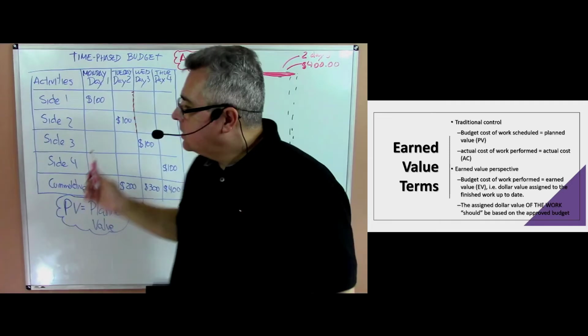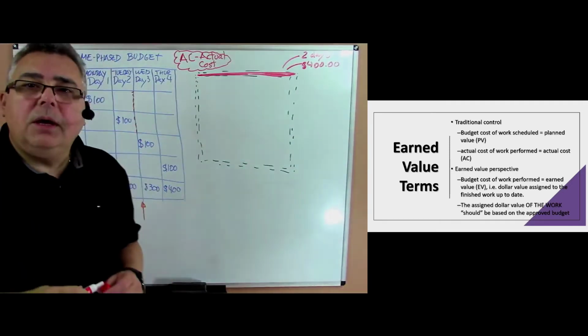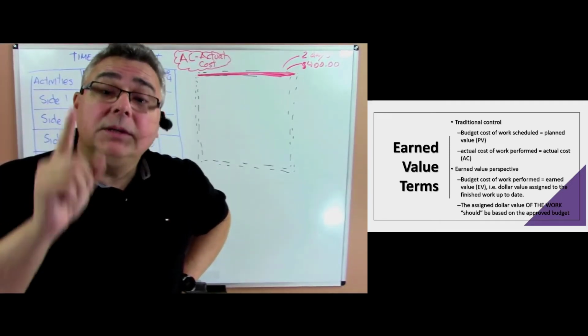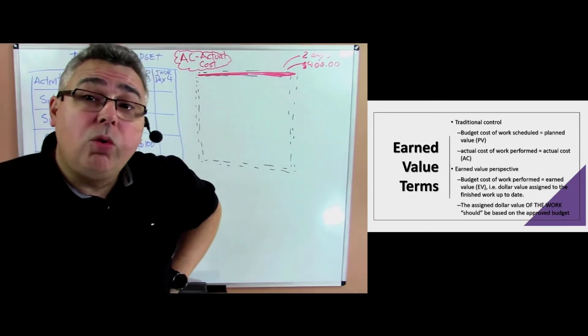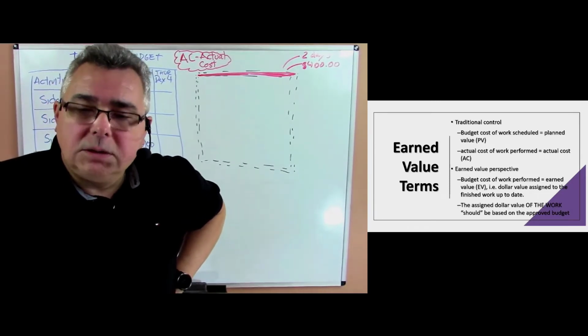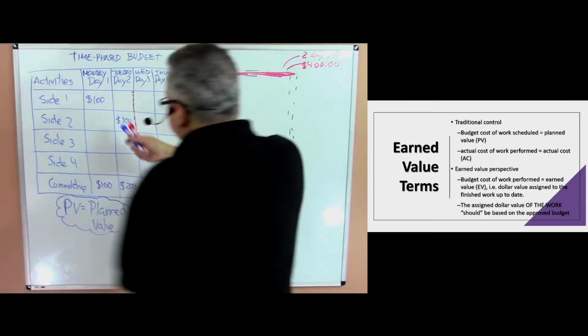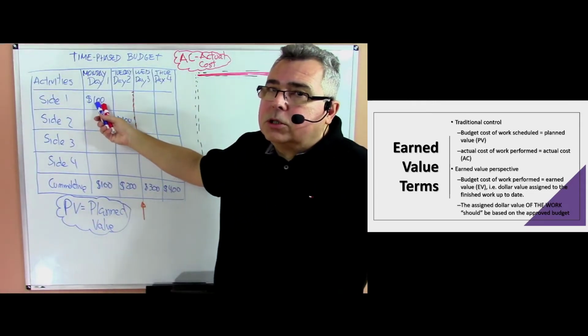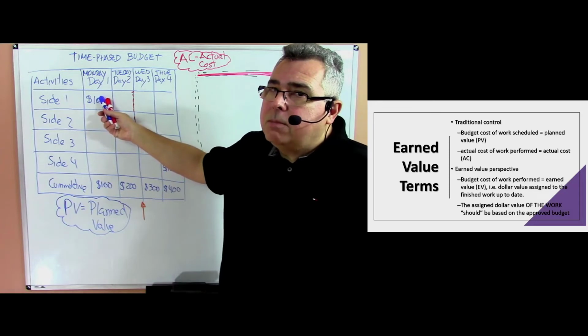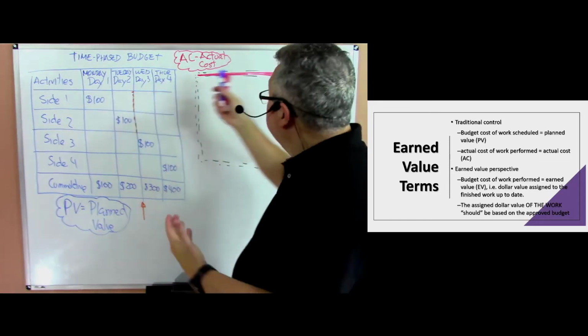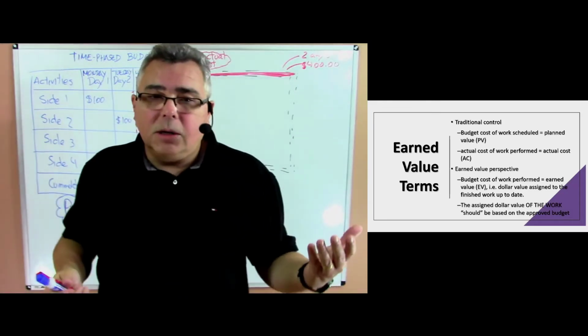In this case, what is the PV? The planned value for one side of the fence is 100. What is the actual cost for that side of the fence? 400. That is the actual cost. So at the beginning, during the plan, the project management team estimated $100, but in reality, they spent $400.